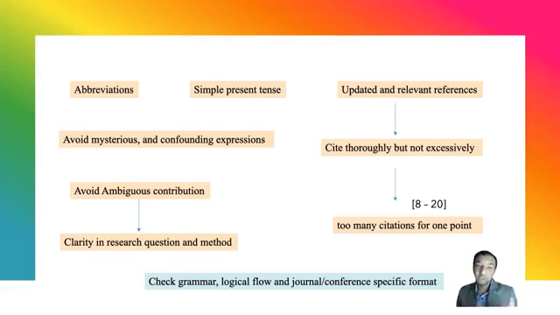Type of contribution. This is important again. Not only early career people but also established researchers make the mistake of not highlighting their research contribution clearly. What I usually do is put my contribution in bullet points: this is what I did, this method I developed, this method I improved, this data set I used.